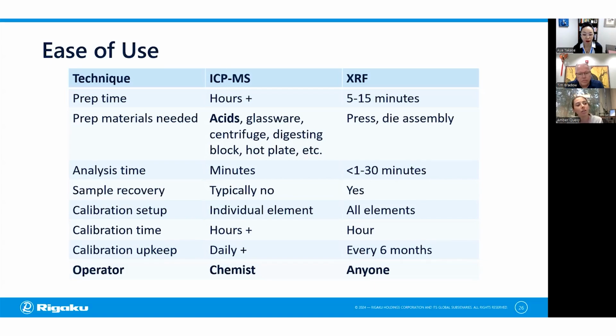And then the other part where ease of use comes into play is who can operate the system and who can calibrate. So for ICP-MS, you're typically going to need somebody that is comfortable with chemistry and can do dilutions and digestions. XRF is commonly just set up with the calibration, and it's an open access instrument.